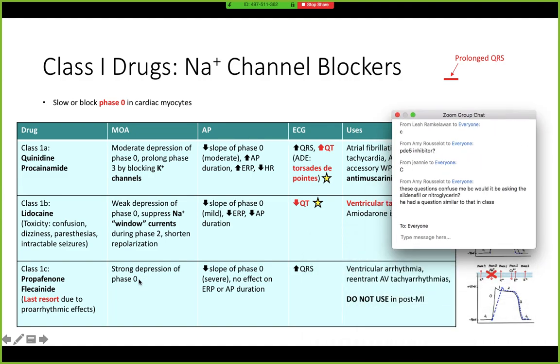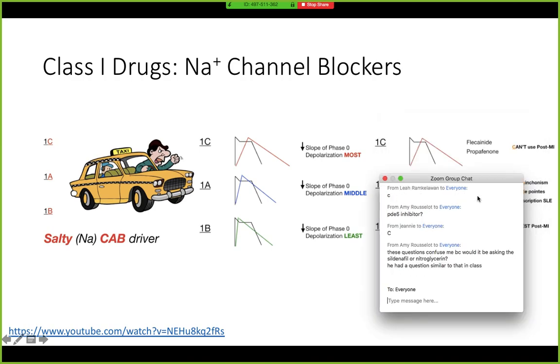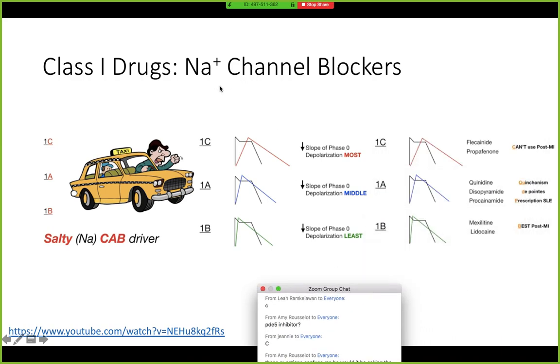So I'm going to skip to the next slide real quick, and then we'll come back. This is what I pulled off of that Dirty Medicine YouTube video. One way to remember the sodium channel blockers, if you're into this sort of thing, is to think of the salty cab driver, but you have to put them out of order: class 1C, class 1A, and class 1B.